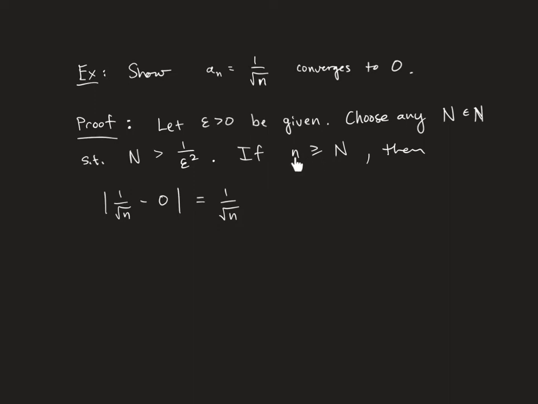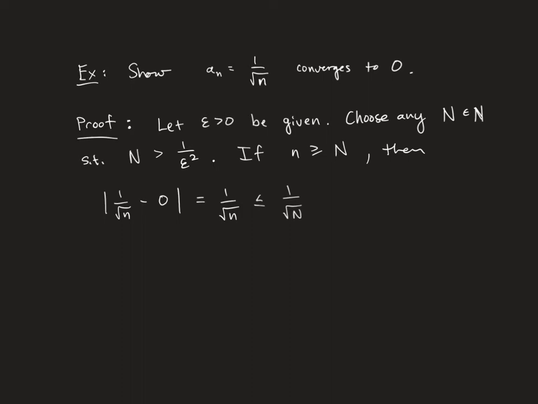Little n here is bigger than or equal to big N, and so 1 over n is less than or equal to 1 over big N, and so 1 over the square root of n is less than or equal to 1 over the square root of big N. You can assume your reader is competent enough to ascertain this, since it's simple arithmetic, so you don't have to show your computations for that.